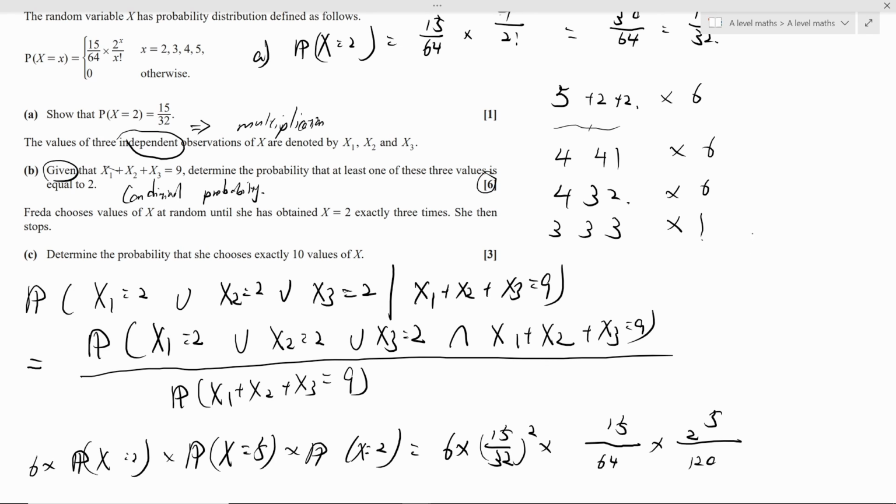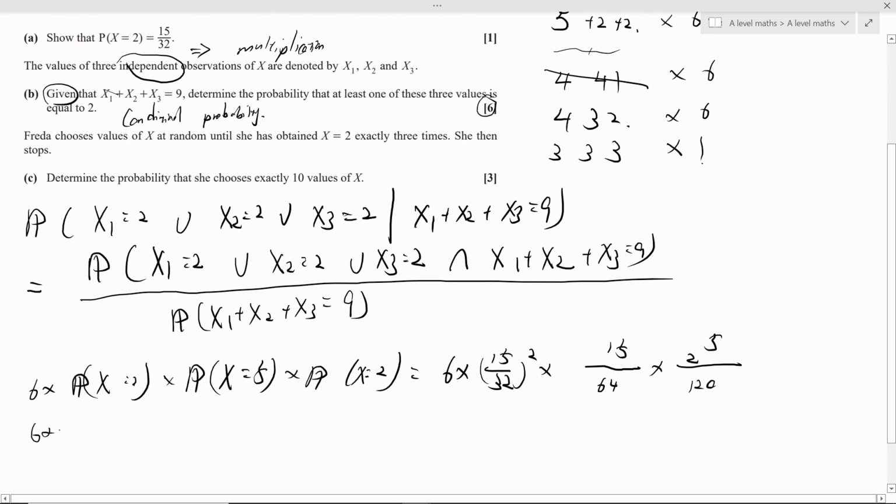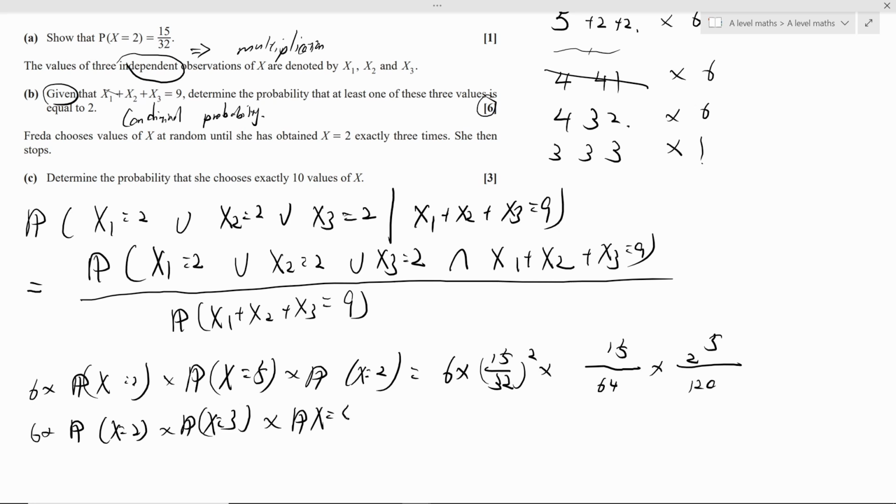4, 4, 1. It's impossible. We can't have 1. So there's only one possibility here. 4, 3, 2. This should be P(X=2) times P(X=3) and times P(X=4).